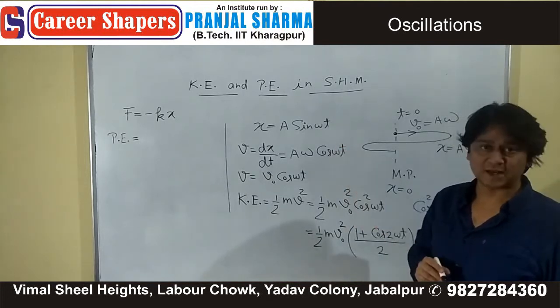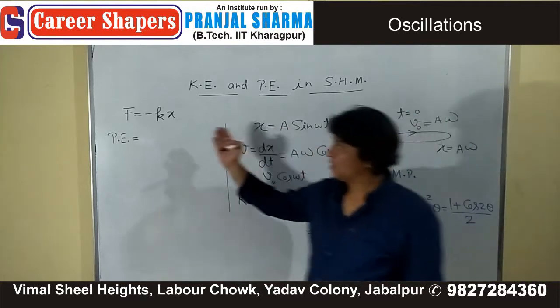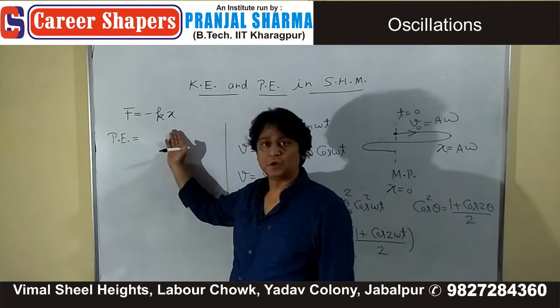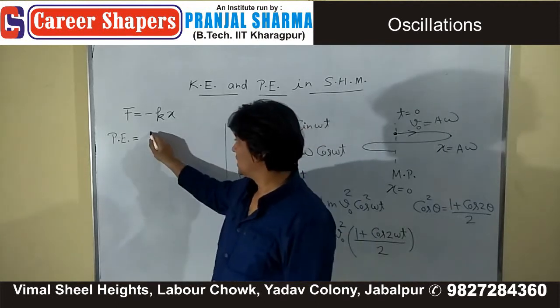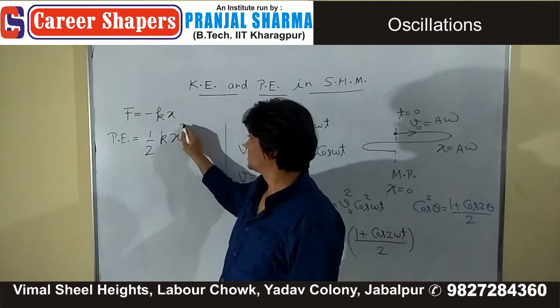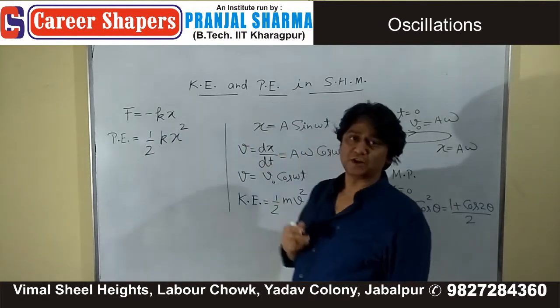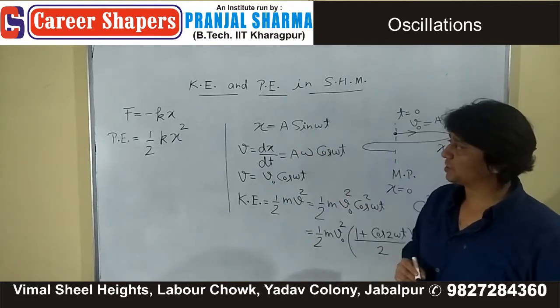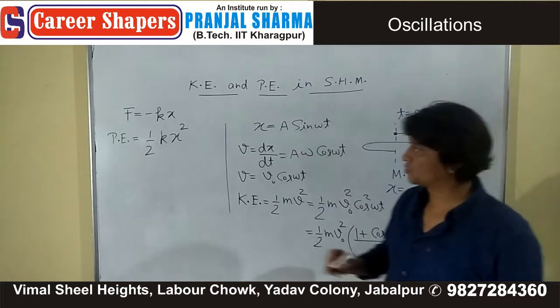F equals to minus kx. For a force system of this type, you know that potential energy is half of kx square, the spring potential energy.